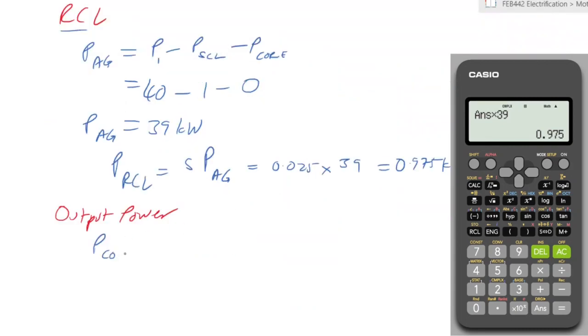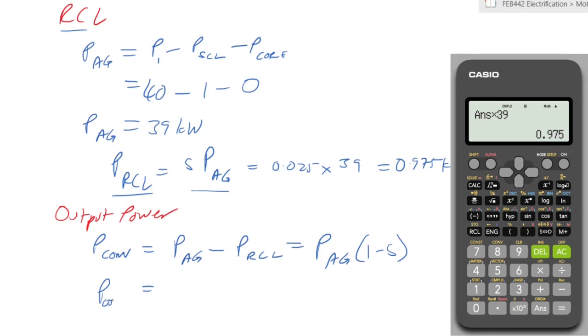P converted is equal to air gap power minus rotor copper losses. But remember, rotor copper losses is equal to S times air gap power. So actually, converted power is equal to air gap power into 1 minus S. Okay, because there's a relationship between air gap power and rotor copper losses.